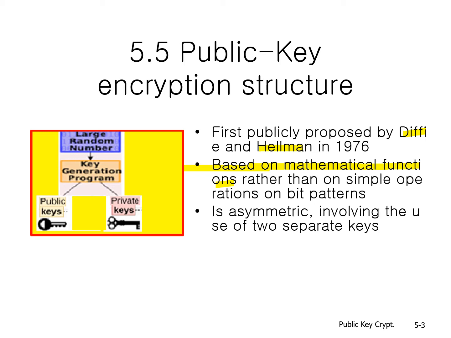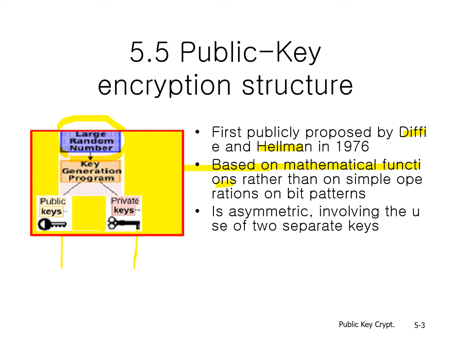So first, to generate a pair of two keys, public key and the private key, they first generate a large random number. And the key generation program, this is a mathematical function, generates public key and the private keys.